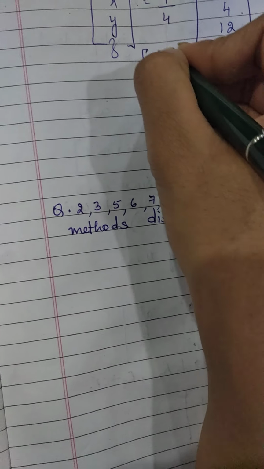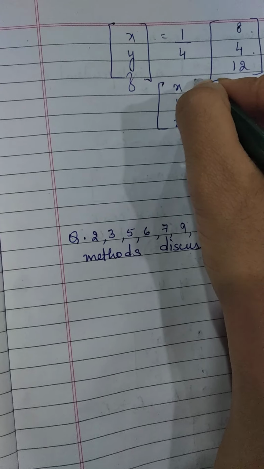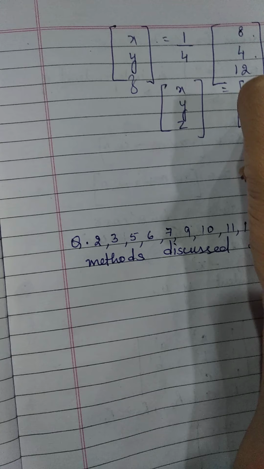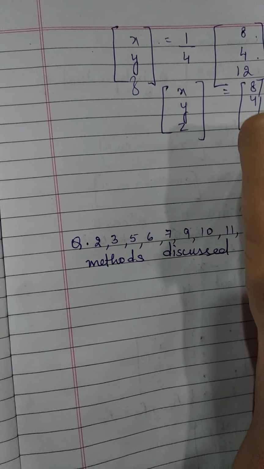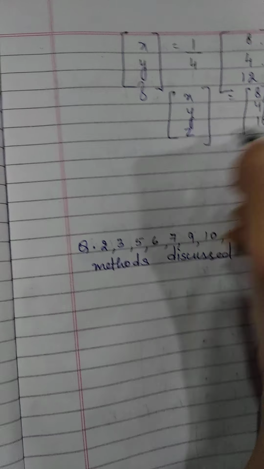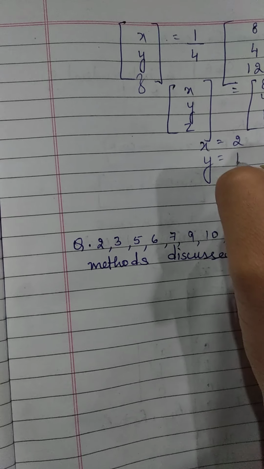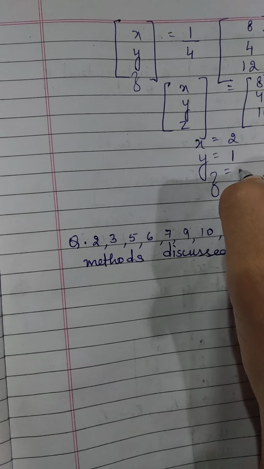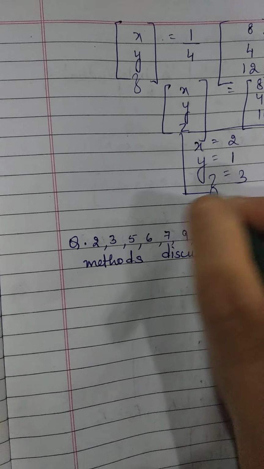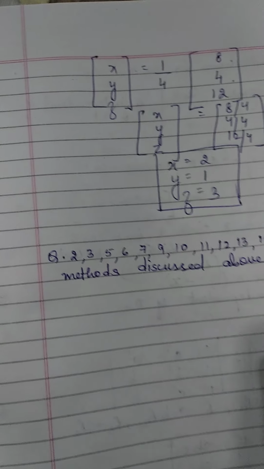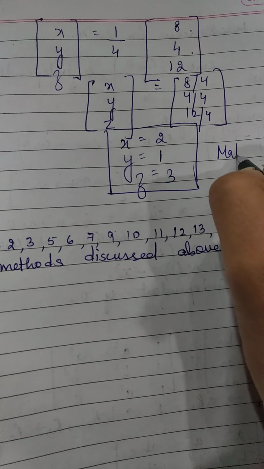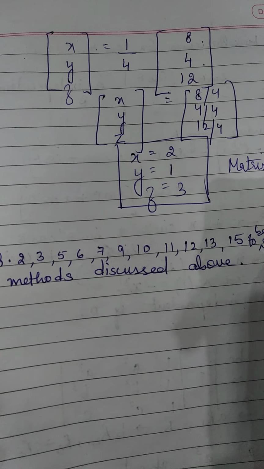So x, y and z equal 8 by 4, 4 by 4 and 12 by 4. Therefore x is equal to 2, y is equal to 1 and z is equal to 3. This way we find the solution using the matrix method, right?